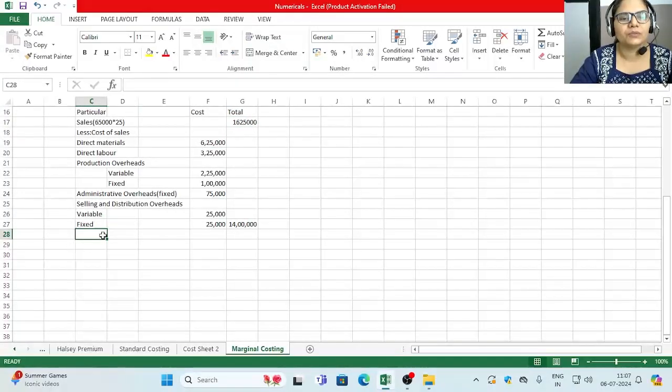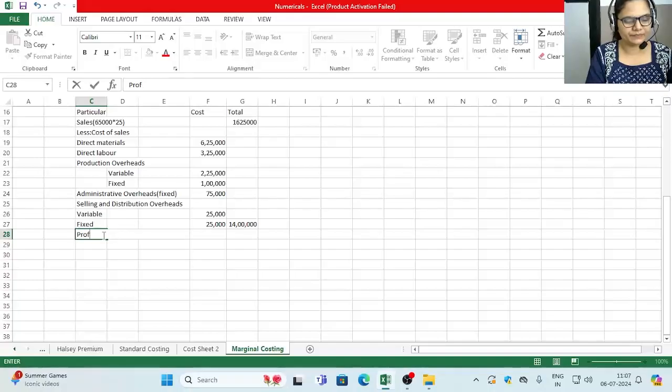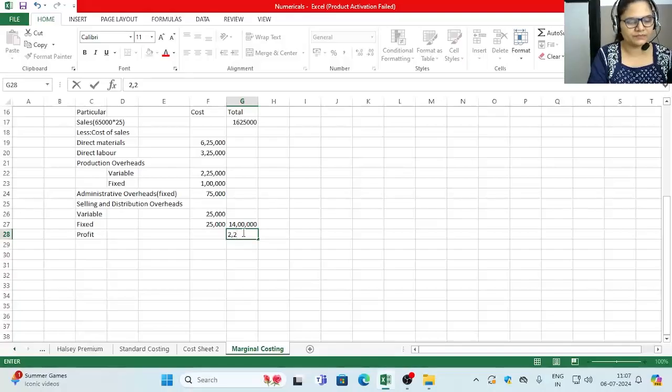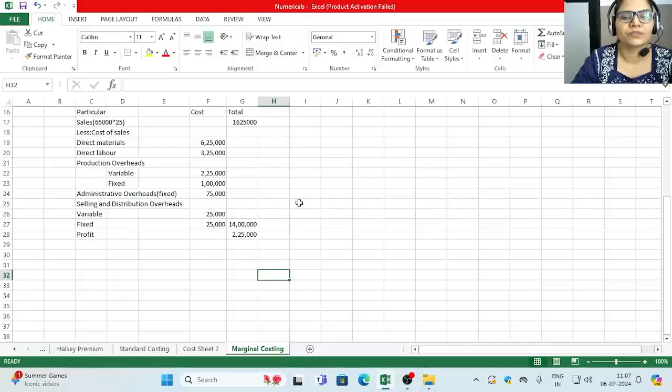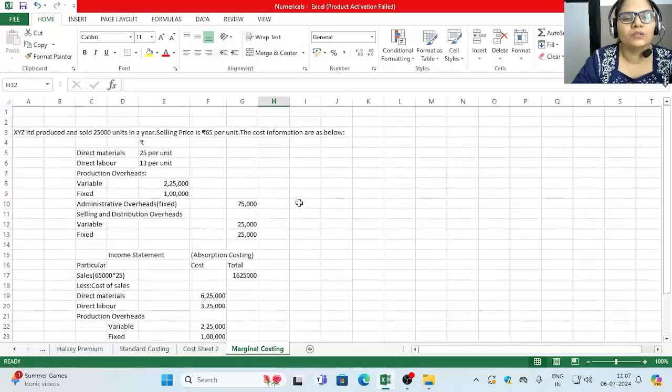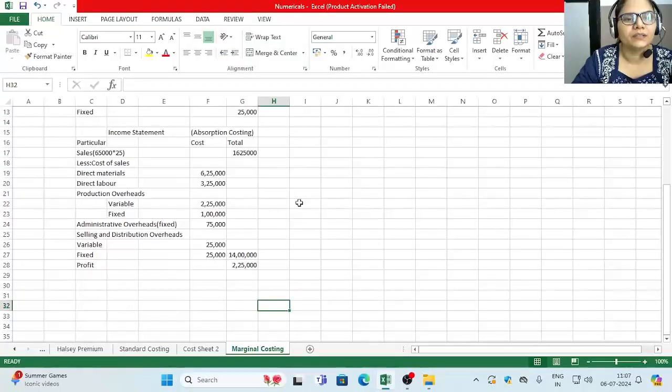It will come out to be the profit. Profit is 2 lakh 25,000. So, profit under absorption costing is 2 lakh 25,000.